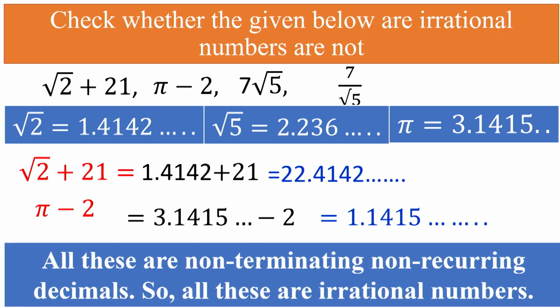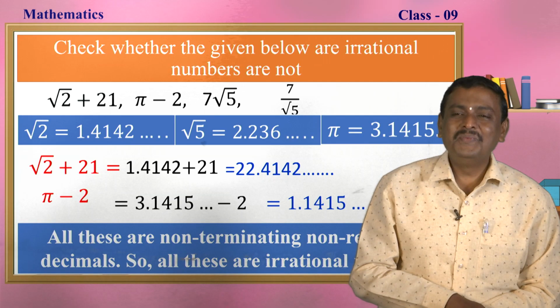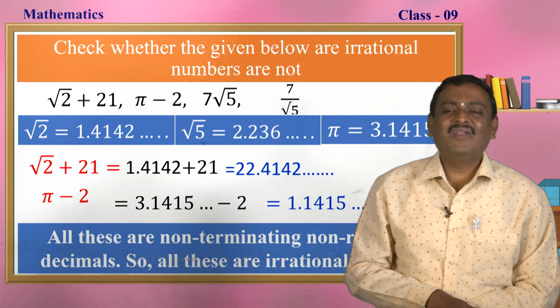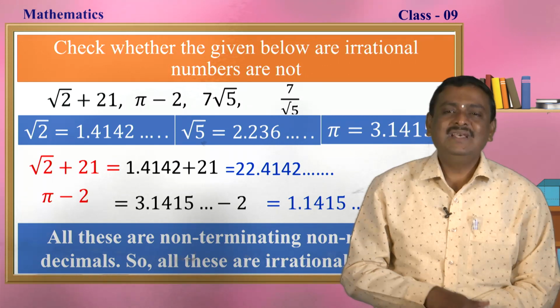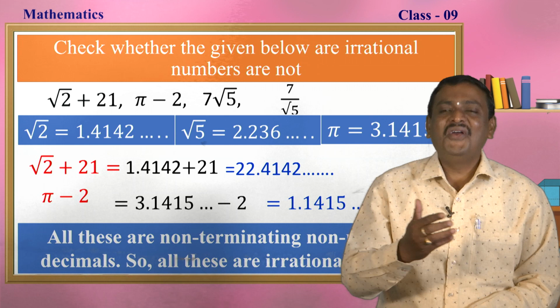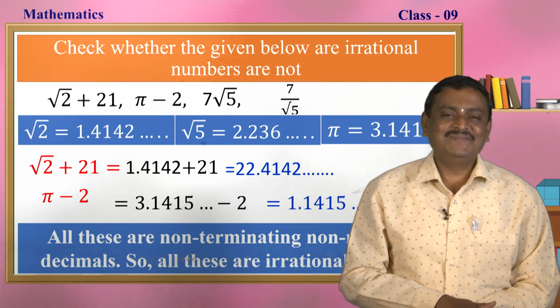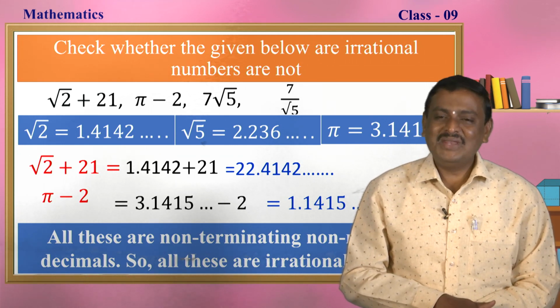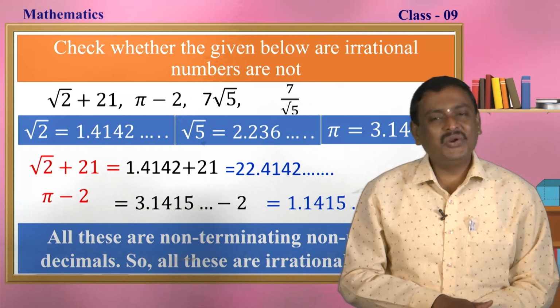Observe these examples, these are all non-terminating, non-recurring decimals, so all of them are irrational numbers, my dear students. Can you understand? Yes, let us move on to the next one.